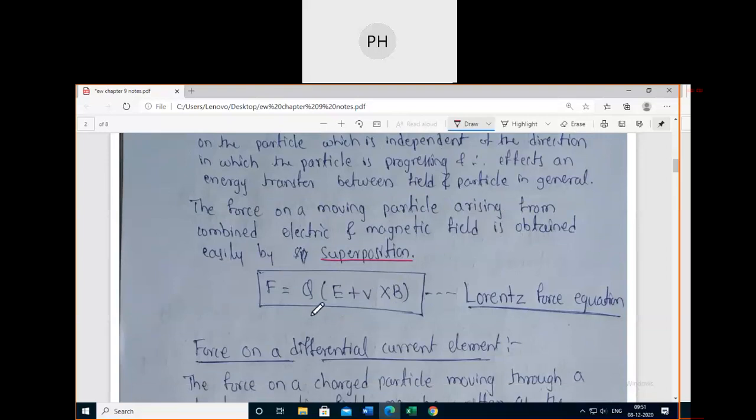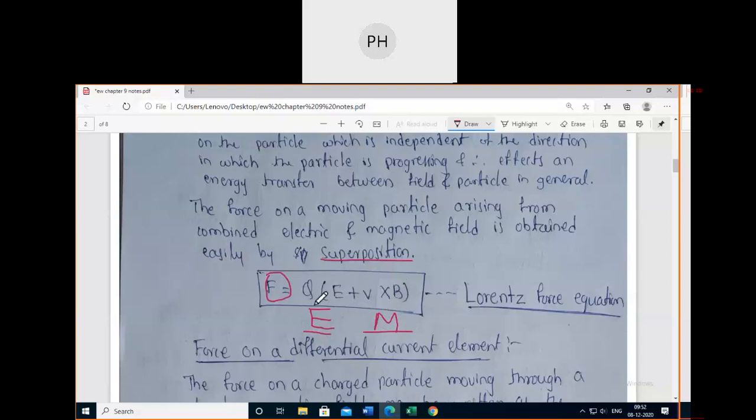So one force is with respect to the electric field and another is with respect to the magnetic field. If I consider the force because of both electric and magnetic fields together, F is equal to Q into E with respect to the electric field, and F is equal to Q into V cross B with respect to the magnetic field.